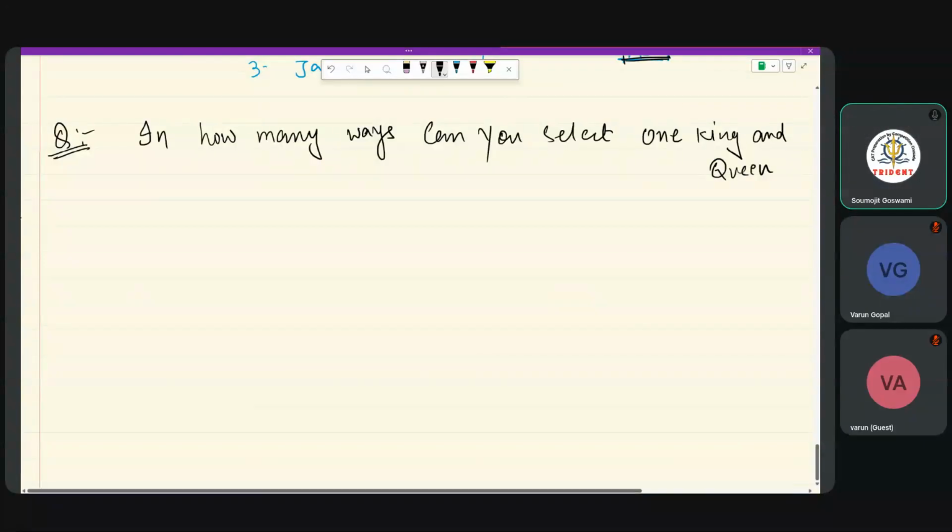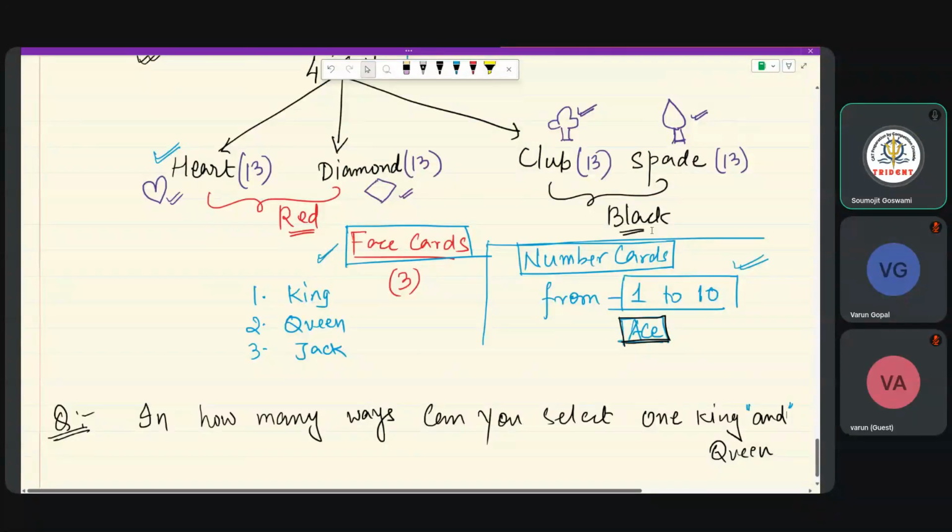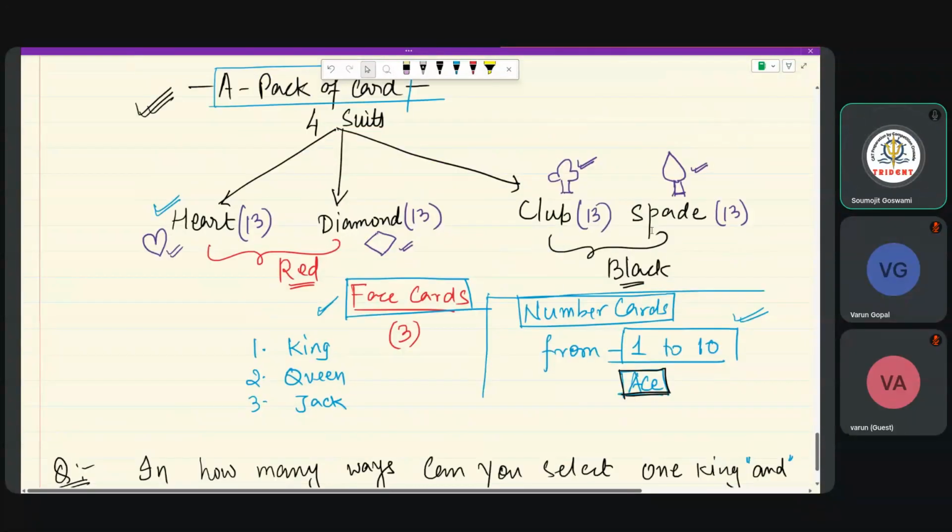No explanatory class, I'm saying pay attention to this word: one king and queen, not one king and queens. In how many ways can you select one king and queen from a pack of 52 cards? Okay, this is the question. If you want reference, this is the reference. You have the screenshot, so make use of the screenshot.